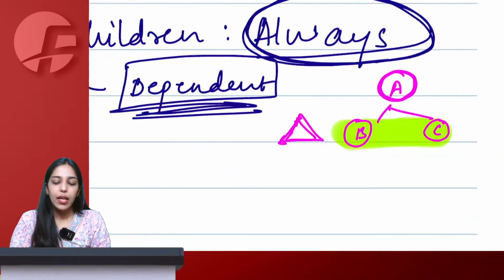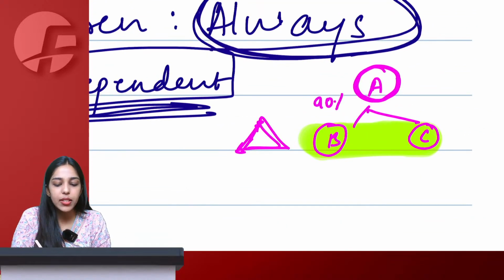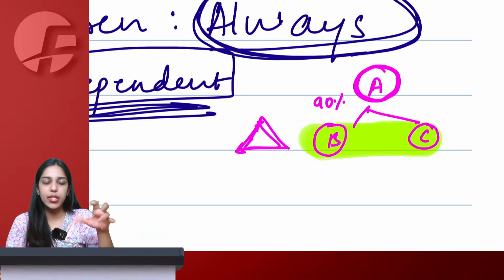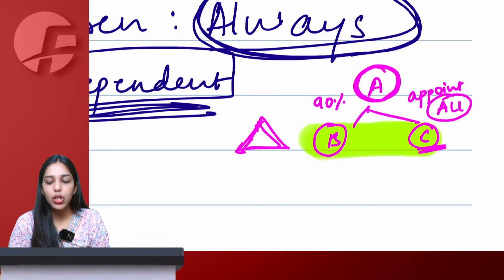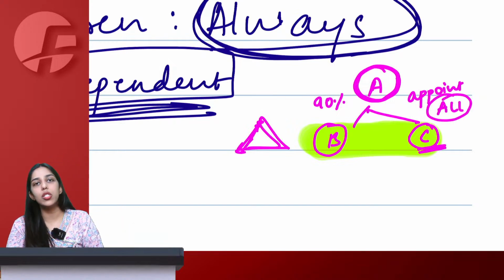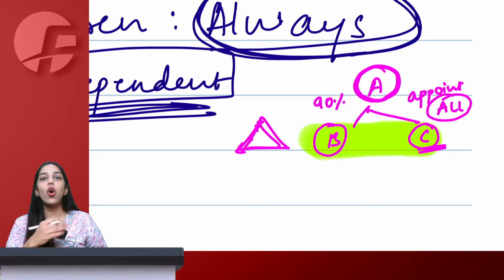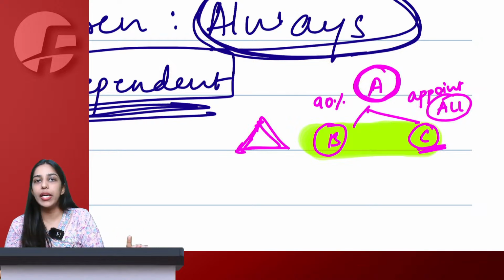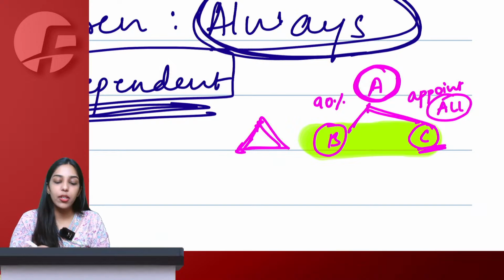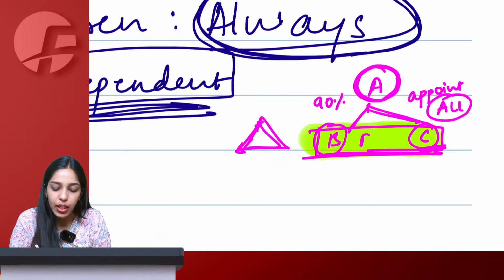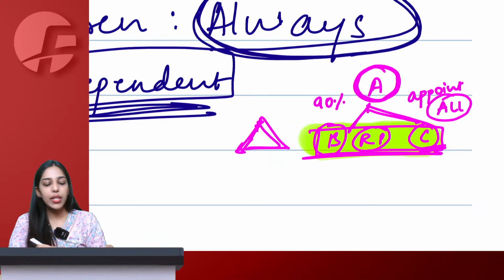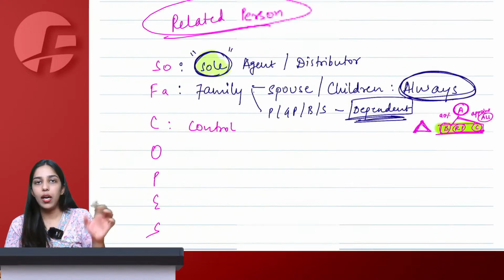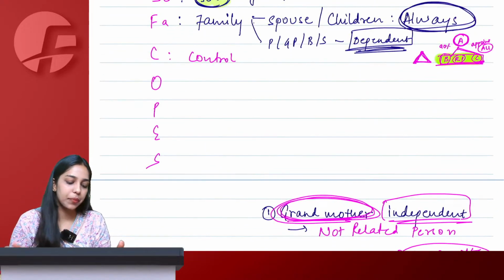But let's say A holds 90% shares of B, which means it is under the control of A, and A has the power to appoint all the directors of company C, which means I am basically controlling entity C. They are related by direct control, but here B and C will also become related persons because there is a common person controlling both of them. So you can simply draw a diagram beside wherever control is written.